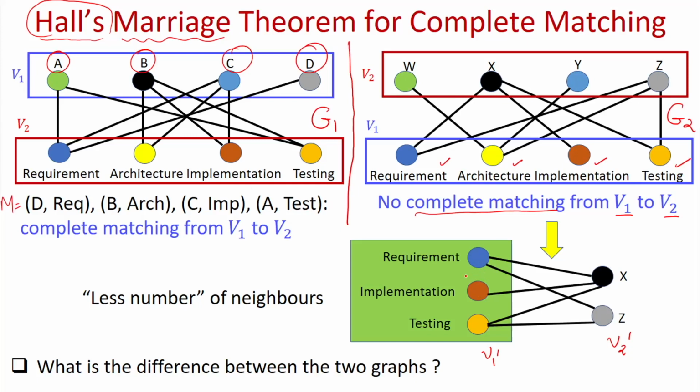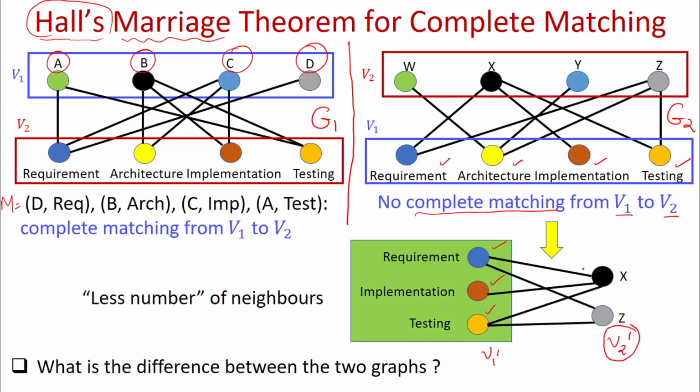The number of neighbors altogether is 2, but you have 3 nodes in V1 prime. So how can it be possible that you take care of requirement, implementation, and testing, and at the same time ensure that neither the employee X nor the employee Z is assigned more than one job?